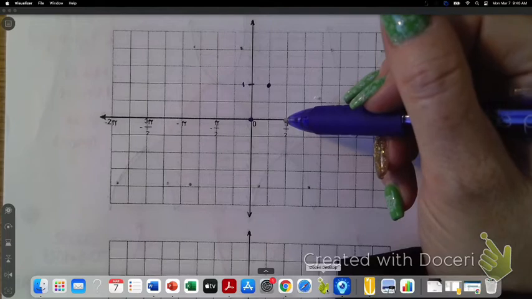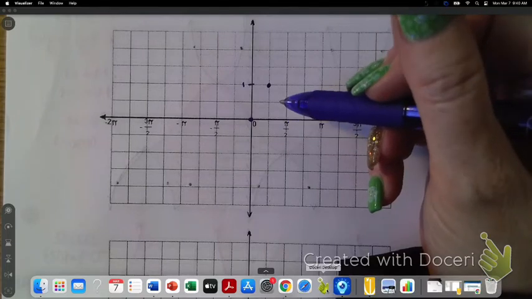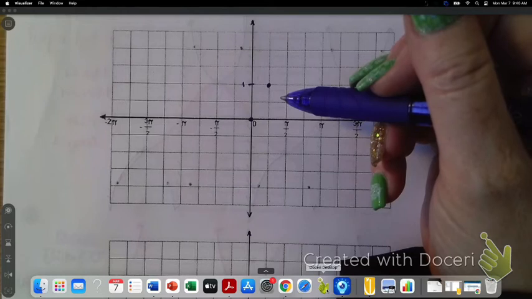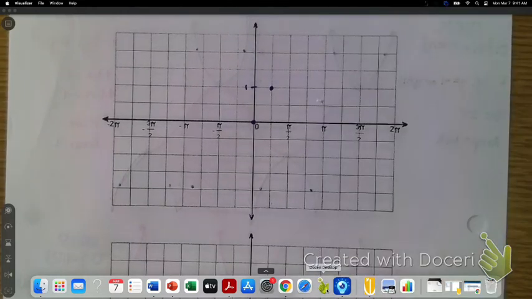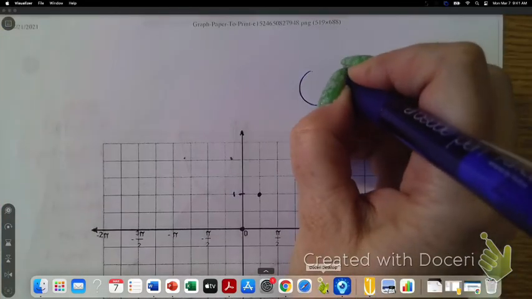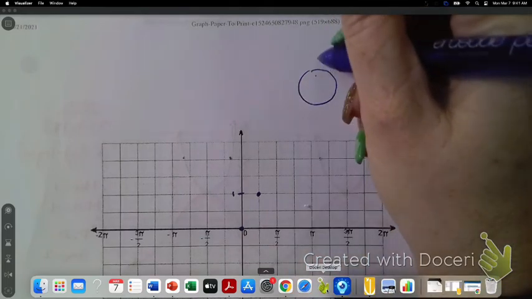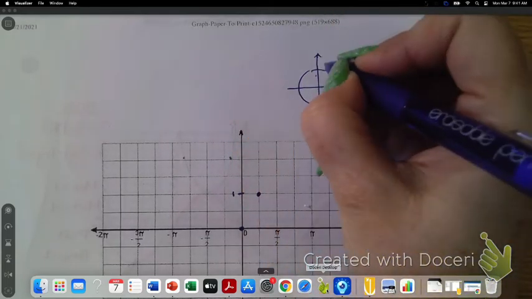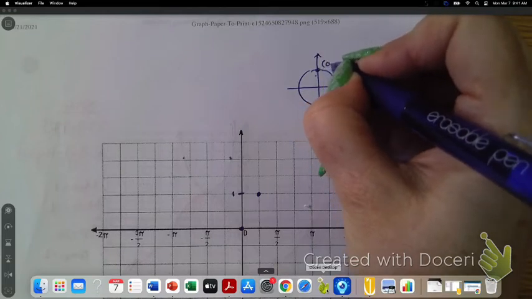Guys, when I say pi over 2, you need to be thinking about your x and your y point. What is your point at pi over 2? On my circle, what's my point up here? About 90 degrees. What's the point? 0, 1. This point is 0, 1.